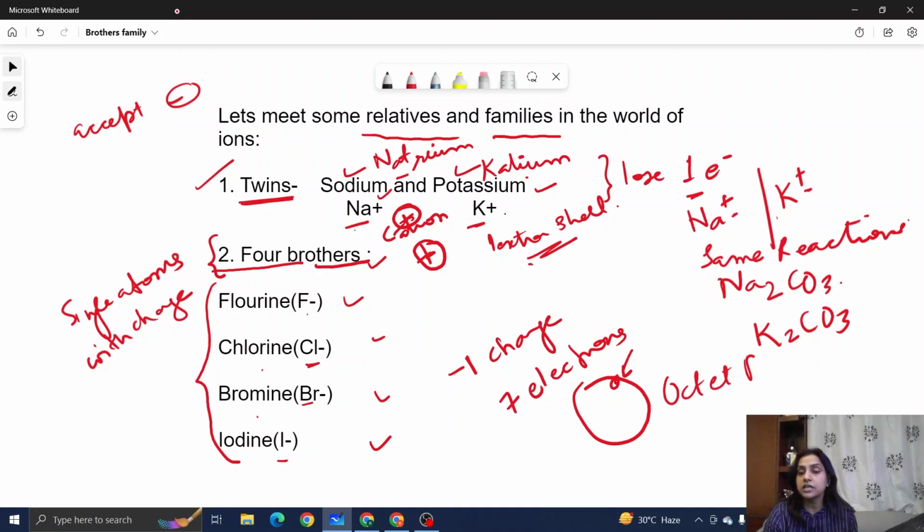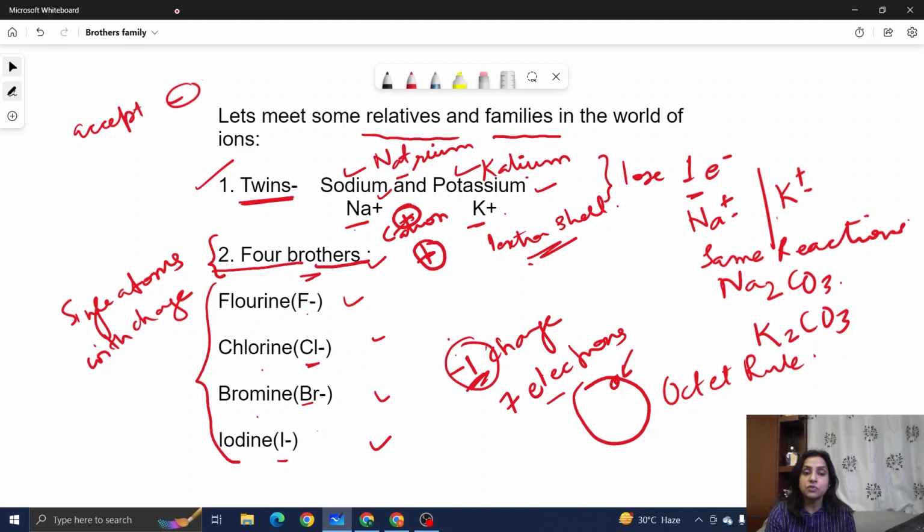The octet rule says that the last shell can have a maximum of 8 electrons, or it does not want any electron at all. Having 7 electrons initially, all four brothers will want to gain one electron, and when they take one electron from somewhere else, they will get a minus one charge.